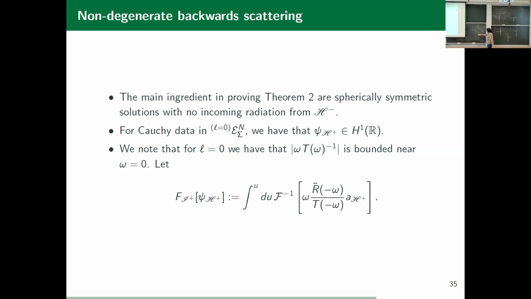Provided you have this, you can show this. Now, T is like omega as omega goes to 0, so omega over T is bounded. This means that as long as AH plus is in L2, then omega A scribe plus is in L2. Once we have that, we have found a radiation field of finite energy, which we can pair with AH plus and produce a solution. That solution will be, by construction, 0 at H minus.